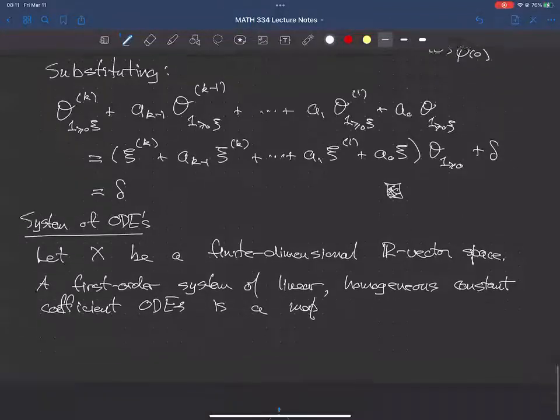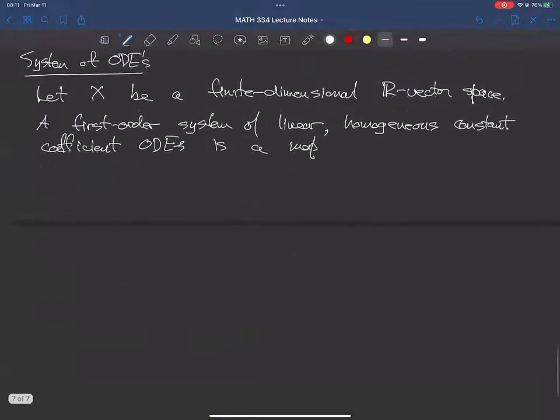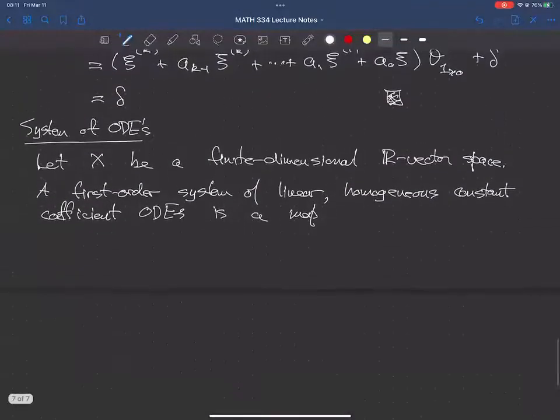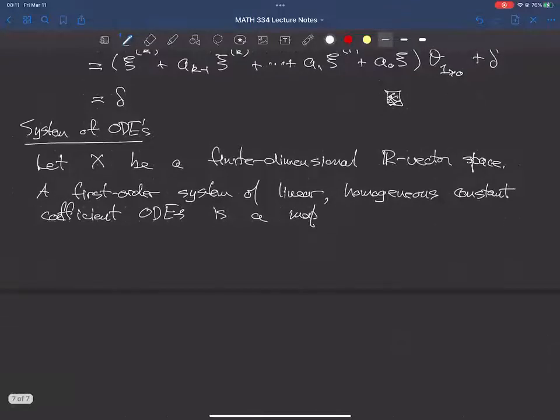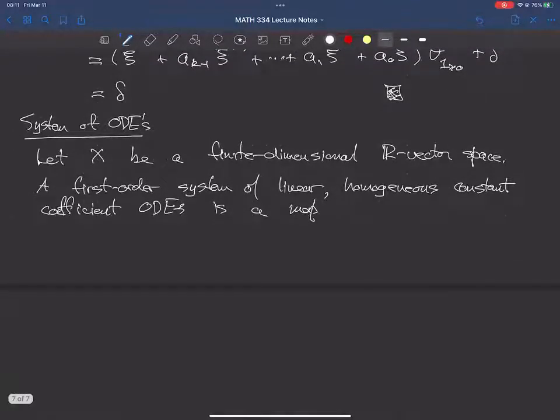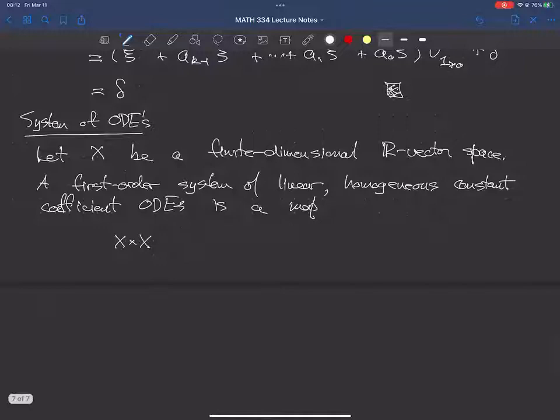Okay, so in the scalar case, everything was a scalar, but now I have to be a little bit more careful. So it's a map which takes two copies of X, the vector space X, and the variables in there I will write as X and X1.